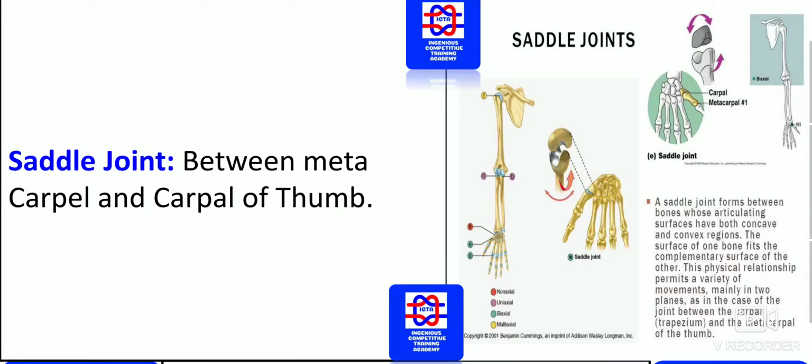A saddle joint forms between bones whose articulating surfaces have both concave and convex regions. The surface of one bone fits the complementary surface of the other. This relationship permits a variety of movements, mainly in two planes, as in the joint between the carpal, that is the trapezium, and the metacarpal of the thumb.